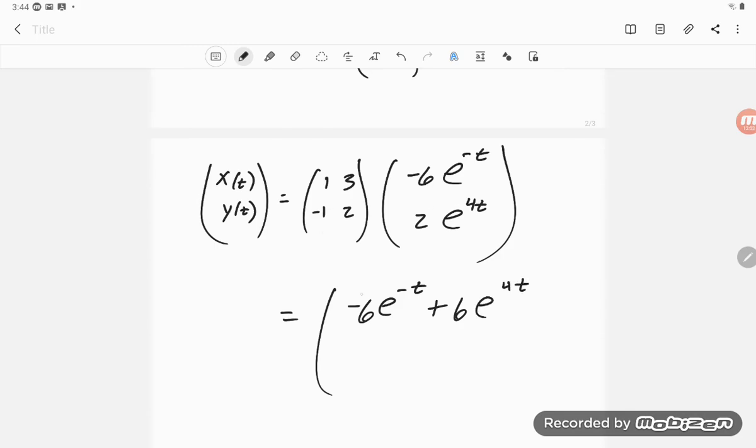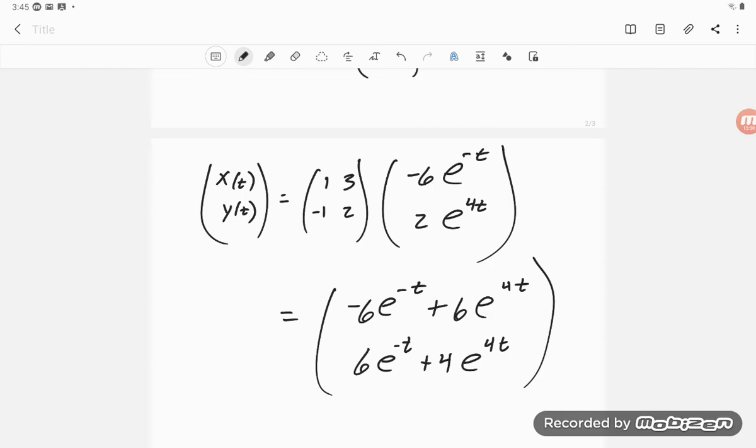And then bottom row here, I get a positive 6 e to the negative t and a plus 4 e to the 4t. And kind of checking quickly, if t equals 0, I do indeed get 0 for the top, and on the bottom, I get 10. So there is my solution.